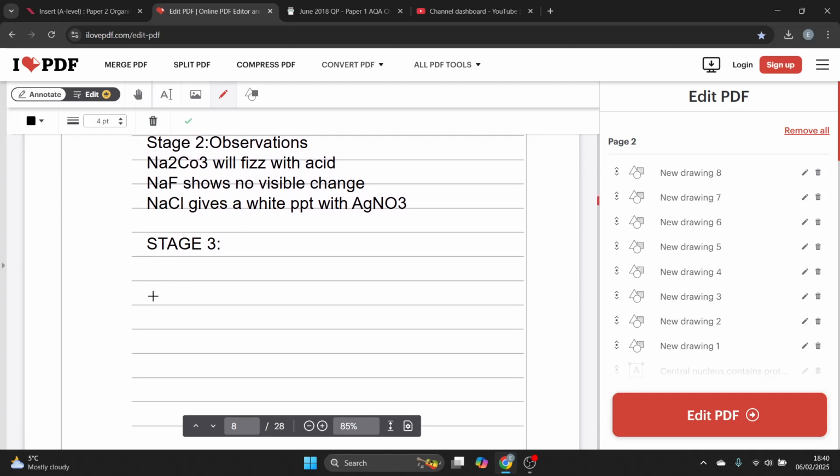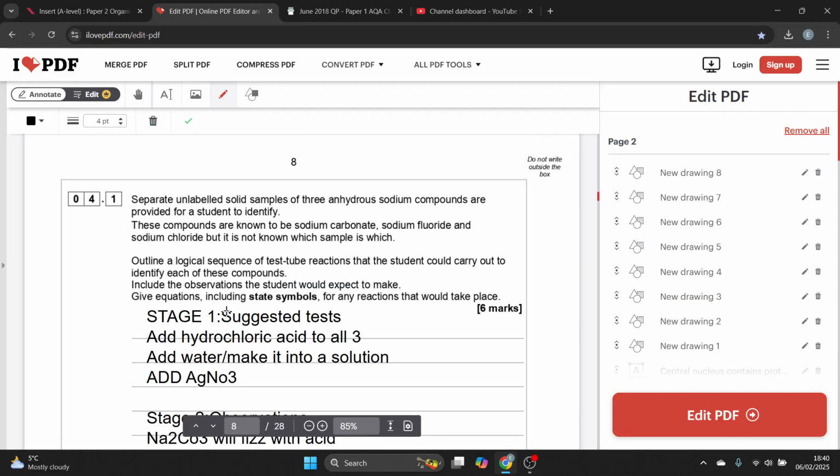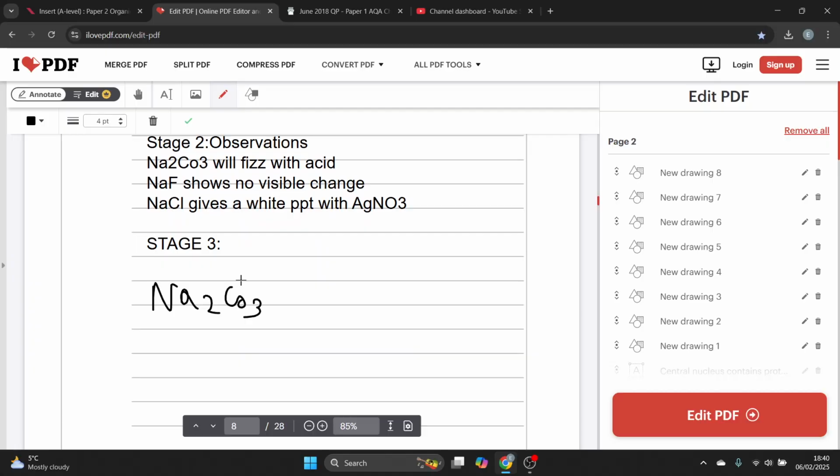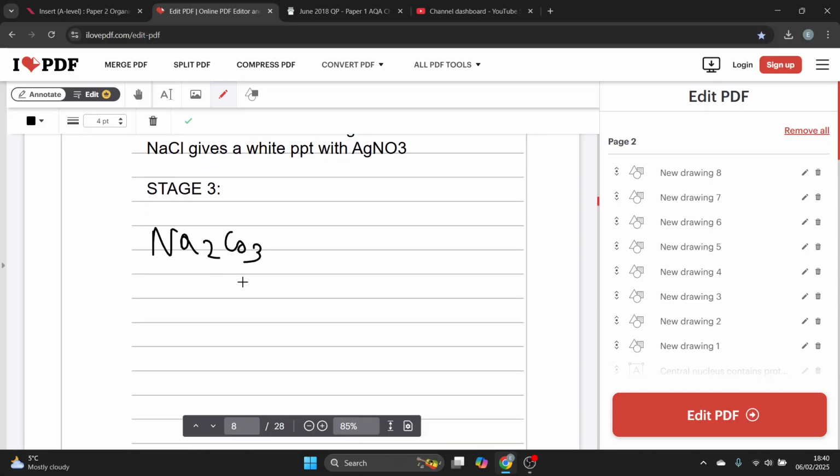So Na2CO3 plus 2HNO3 to form 2NaNO3 plus CO2 plus H2O.